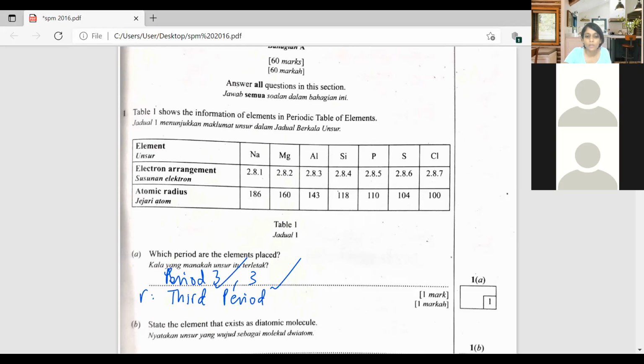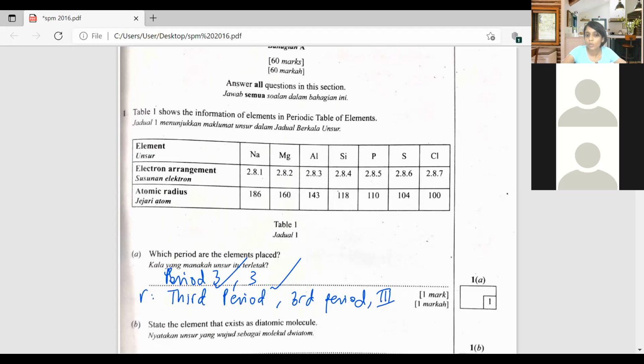You cannot even put third period like this. All these are not accepted. This one also not accepted. Don't do for me 3 Roman. Rejected. So all that the teacher put at the bottom there is rejected. You cannot answer like that. So you should know what to omit and what not to omit.